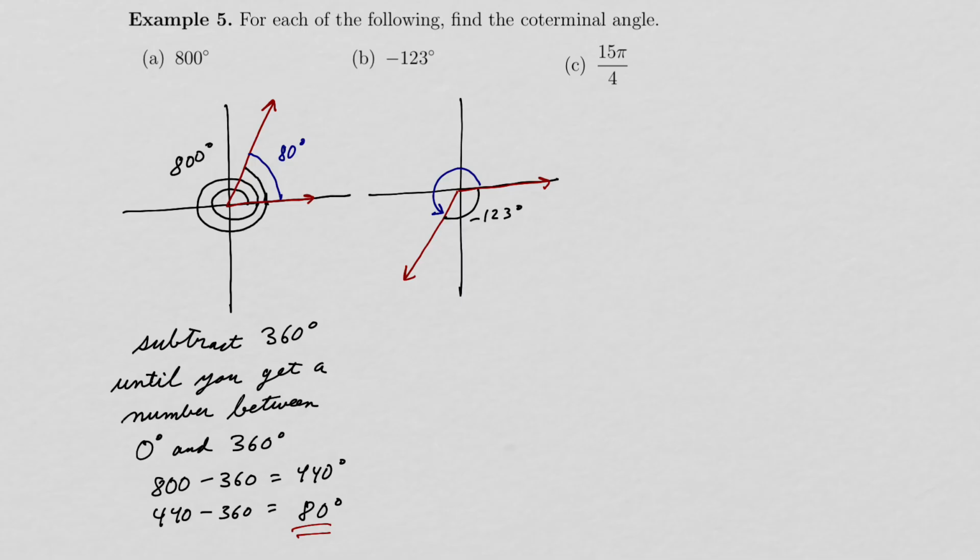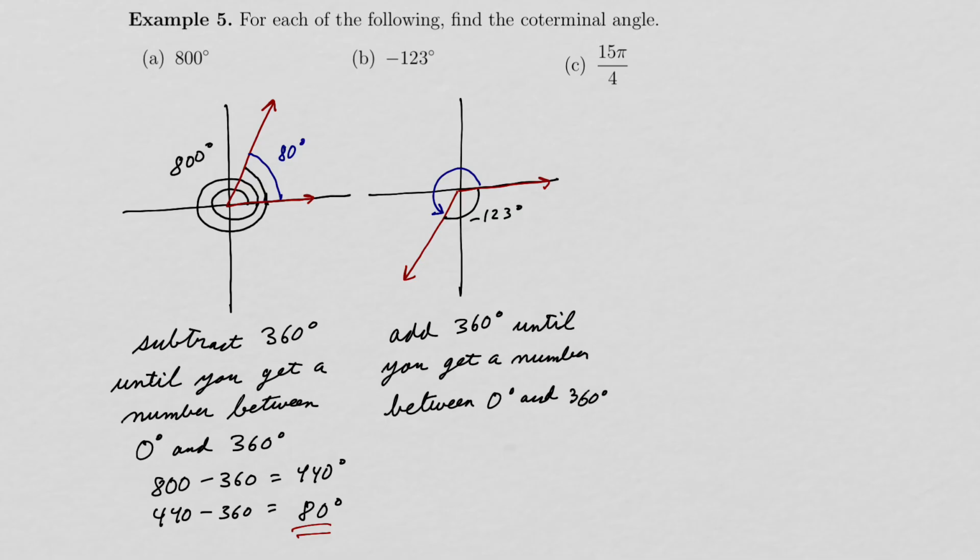So I add 360 degrees until you get a number between what we want, which is 0 and 360 degrees.